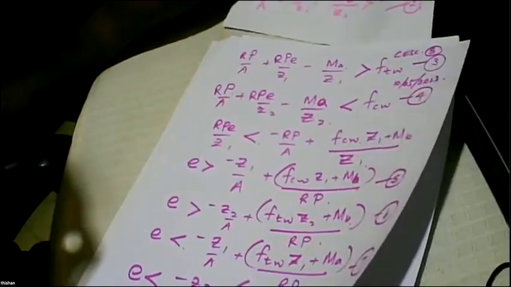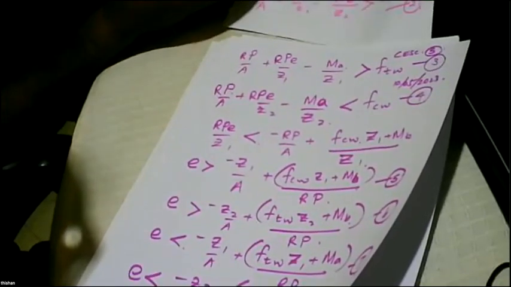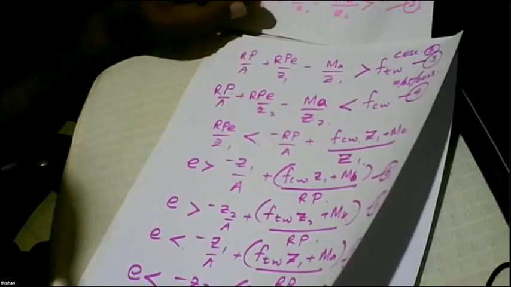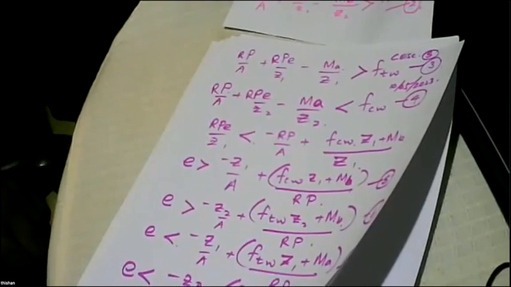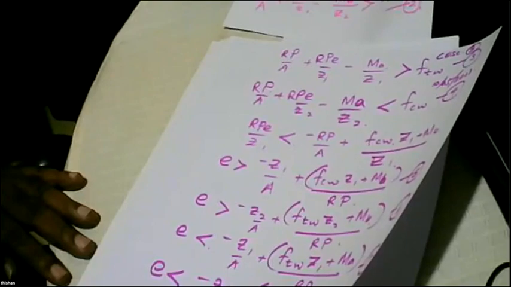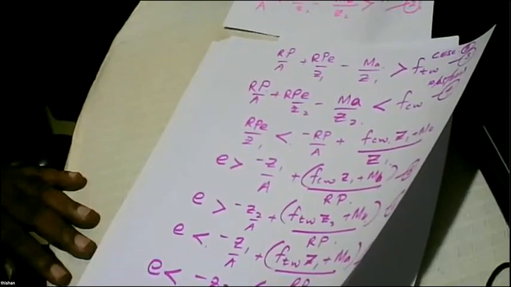So equation number 5 says E should be greater than. And the last two equations say E should be less than. The other two say E should be less than. Now what we do is, equation number 5 and 6 say E should be greater than.